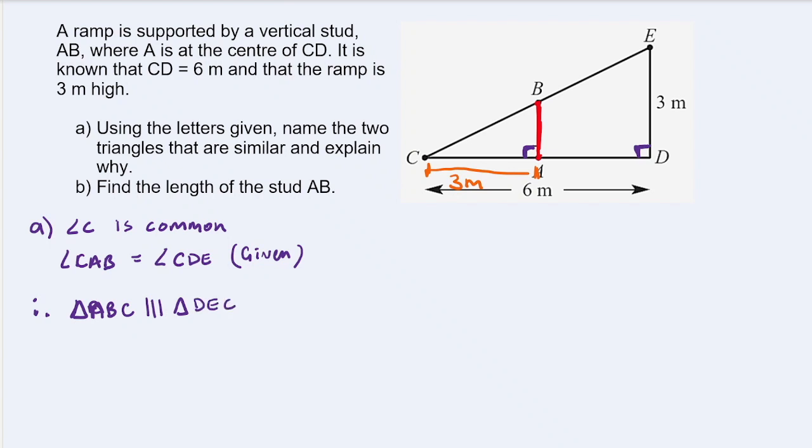There we go, that's a little bit better. So that's A. A done and dusted.